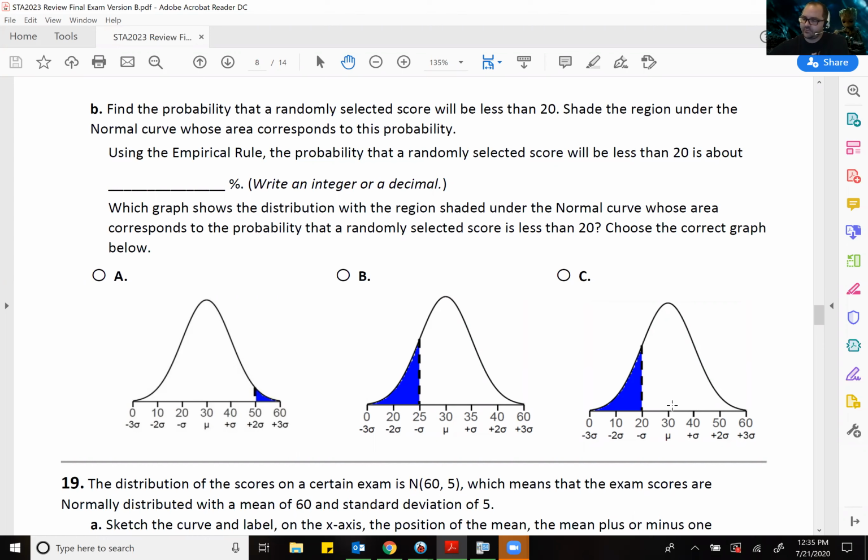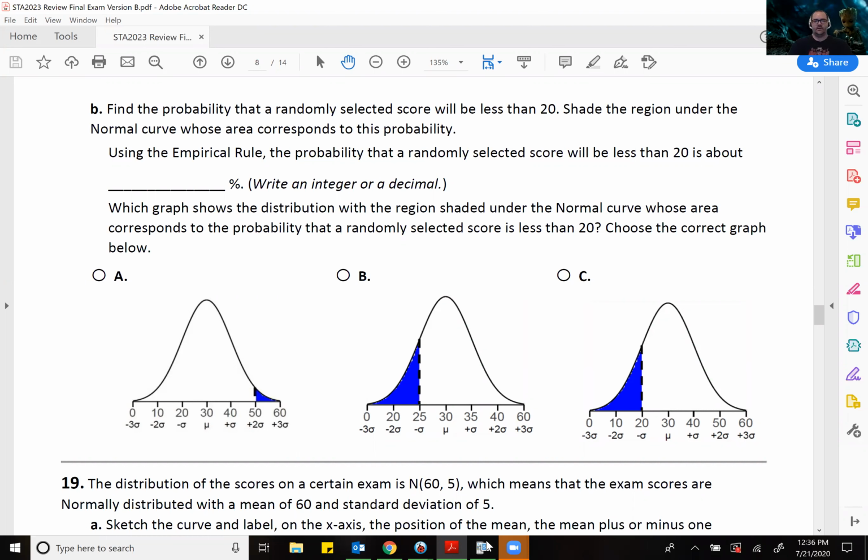So 0, 10, 20, 30, 40, 50, 60. So the graph is C. We know that. We just have to find the percentage.